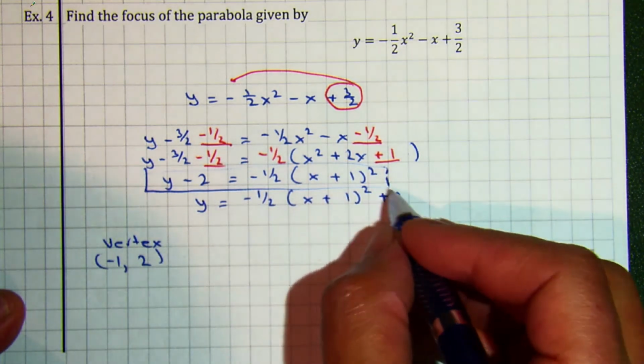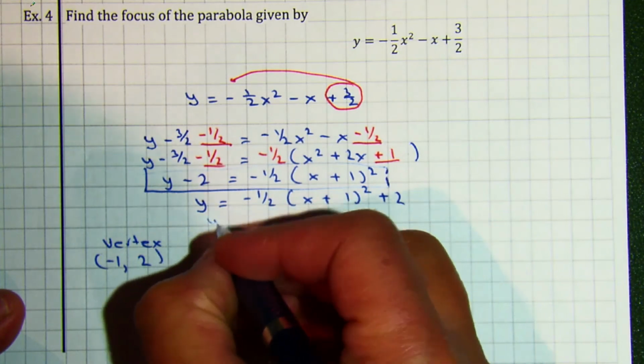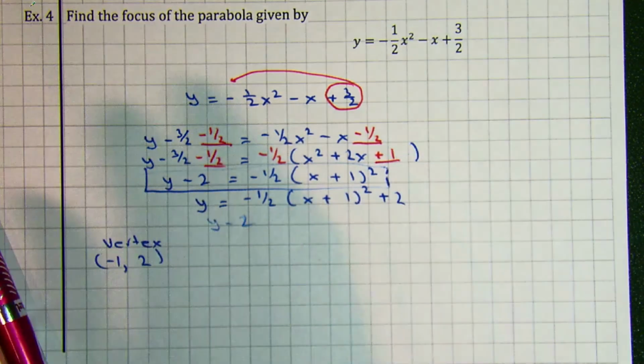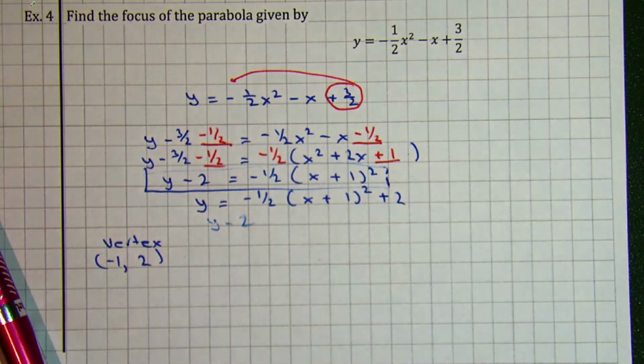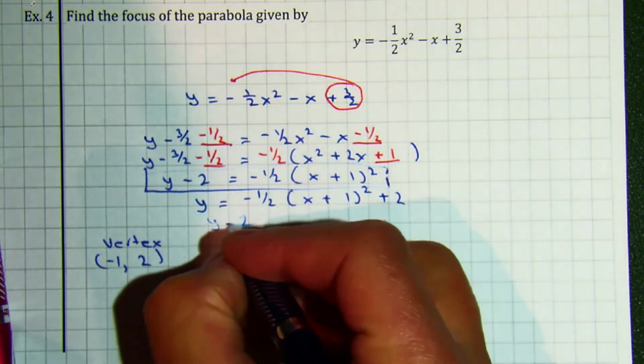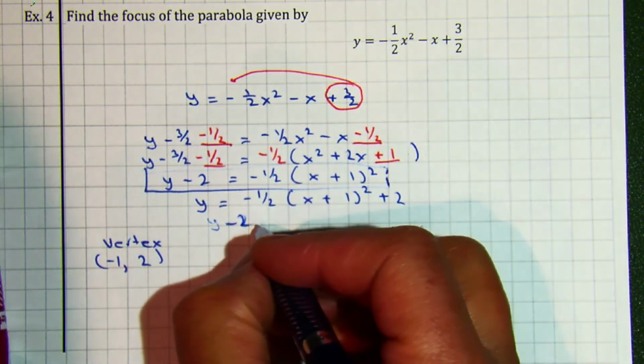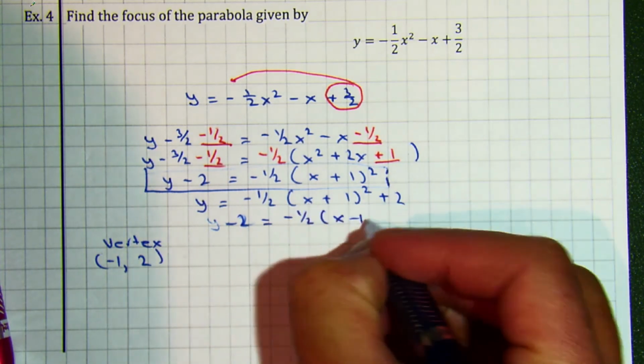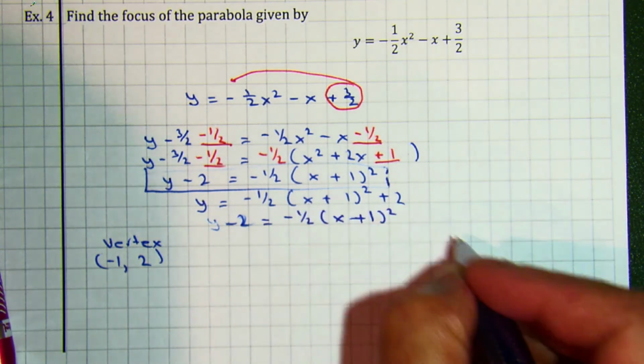No, we need to move the 2 to the left. So let me move it back to the left. And that'll be y minus 2 equals negative 1/2 (x plus 1) squared.